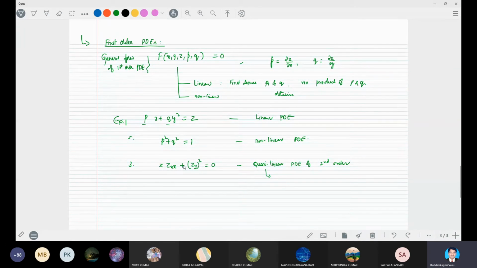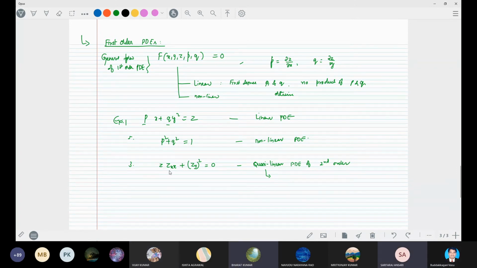Now our total discussion is on first order PDEs, where in the first order PDEs it will be linear or non-linear. Sir, if instead of zy square it is just zy, then that will be linear. Yes, that will be linear, and with the square it will be quasi-linear. No, not quasi, that will be linear.